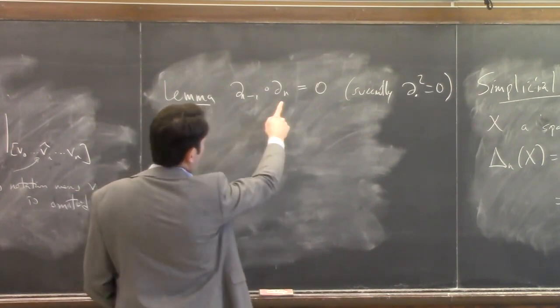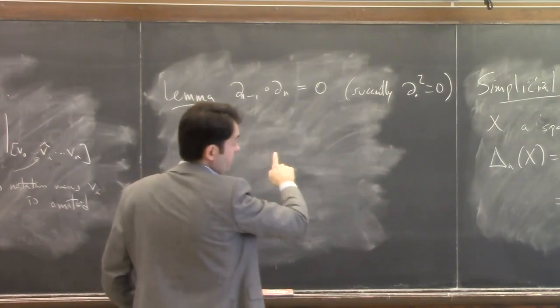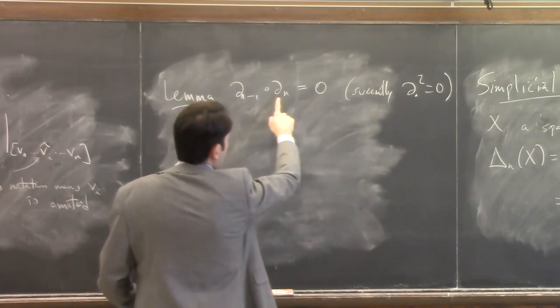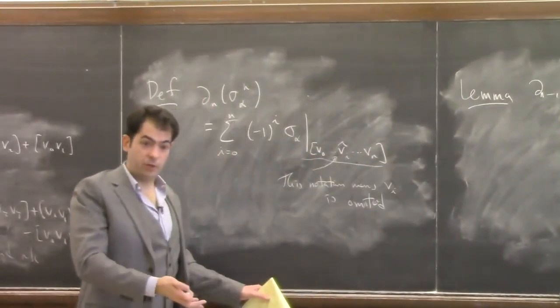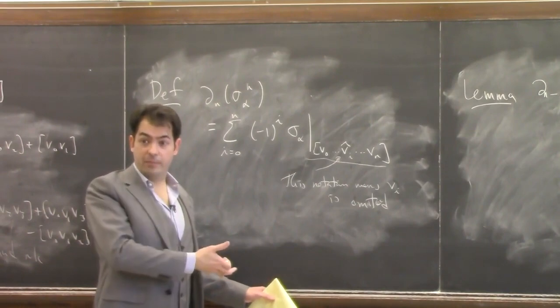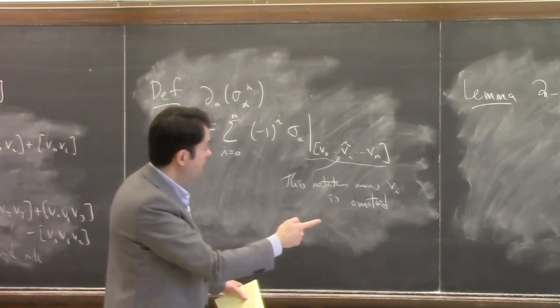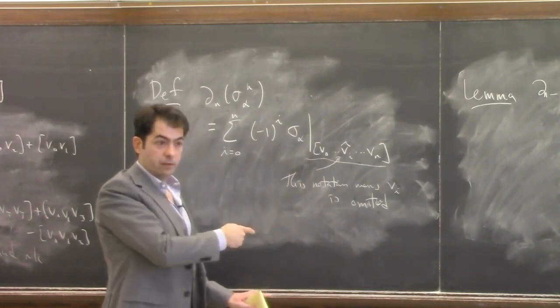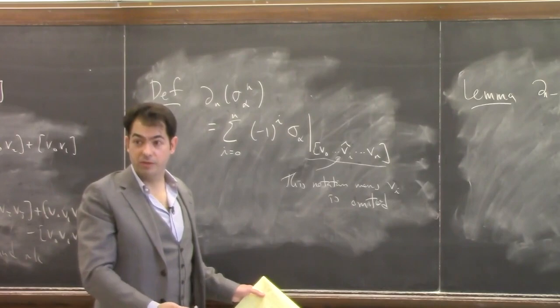One way to think about this is that, as we mentioned, you're really doing things to the domain of the attaching map, not to the space X. So the fact that this squares to 0 is a statement about simplices.